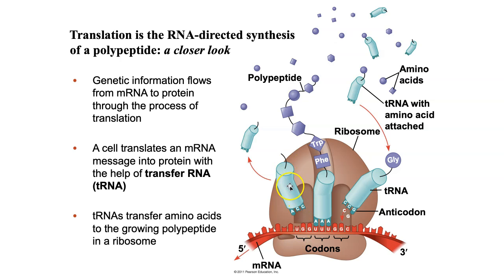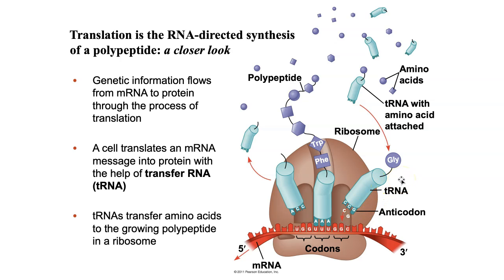The tRNAs, which here are represented like this, have the anticodon at the bottom. The anticodon carries the complementary base pairs to the codons. That's how they match.